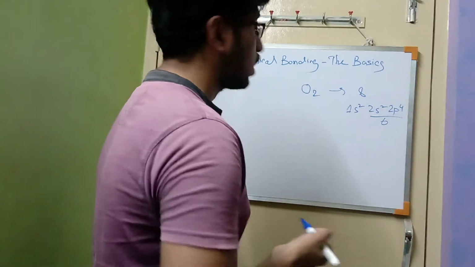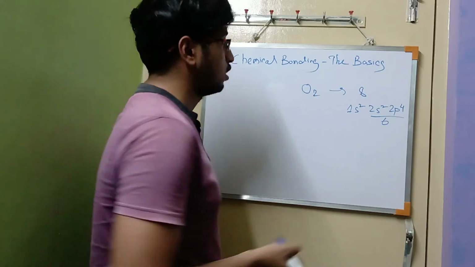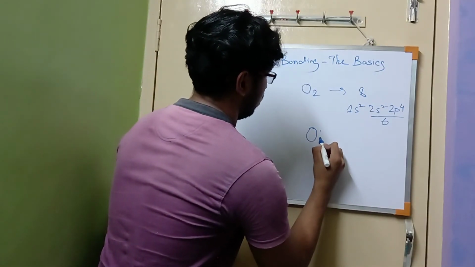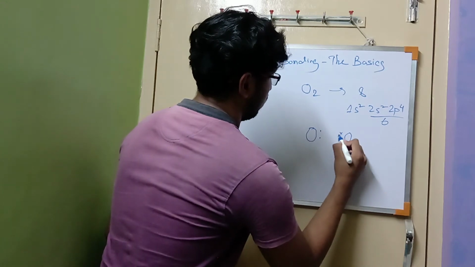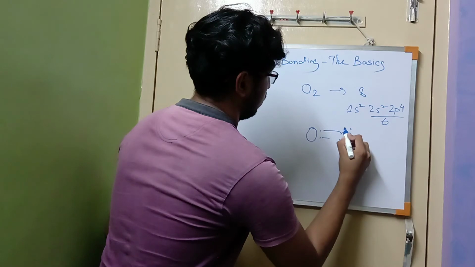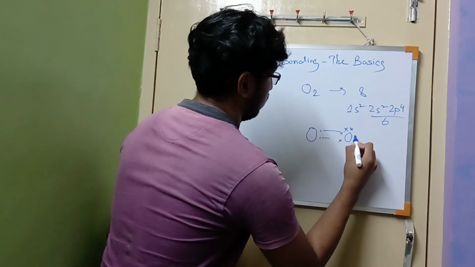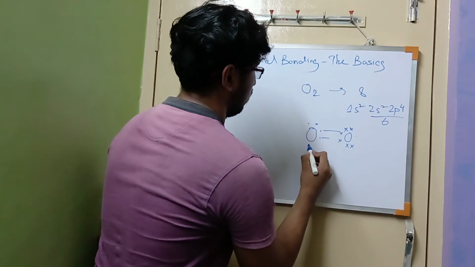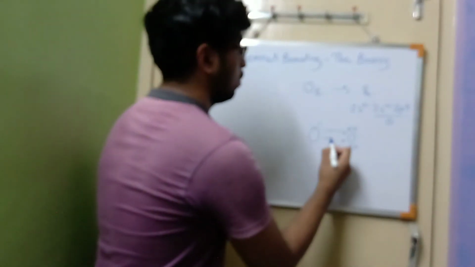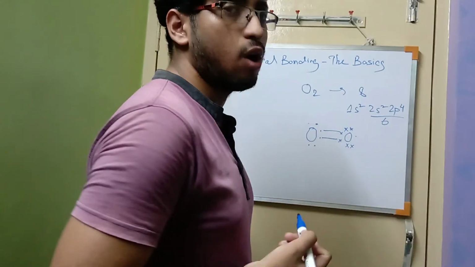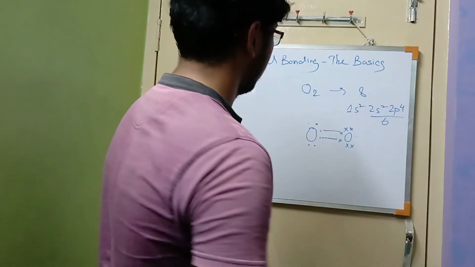So what happens between two oxygens? Both of the oxygens have shared 2 electrons, or 2 electron pairs.